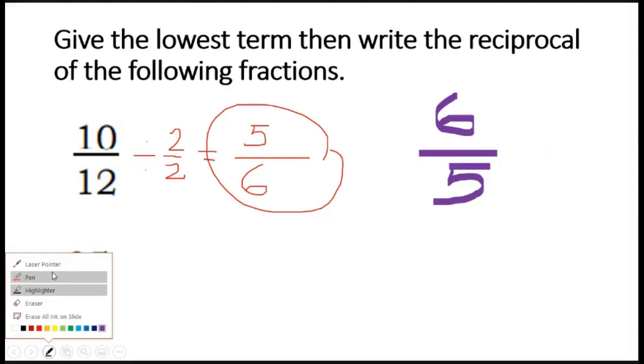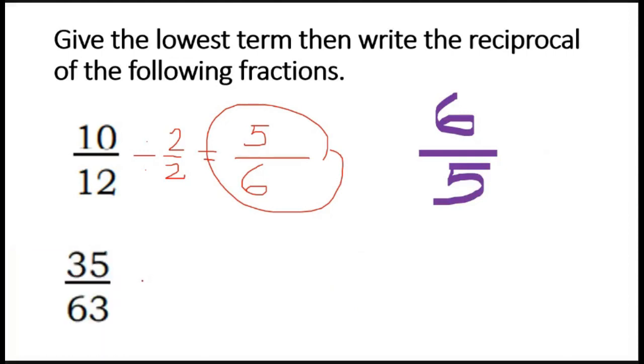Next, how about this one? This one, for our next example, medyo mataas yung number. Yan. Anong number divisible by? Pwede mong i-divide kay 35 tsaka kay 63. Anong common number nila? Pwedeng 7. 35 divided by 7 is 5.